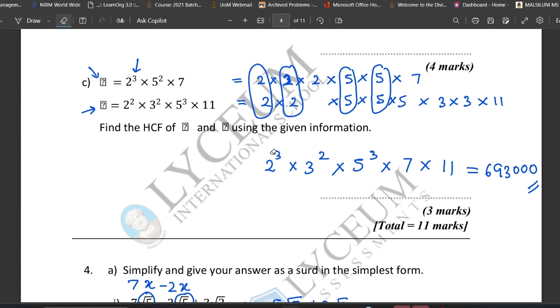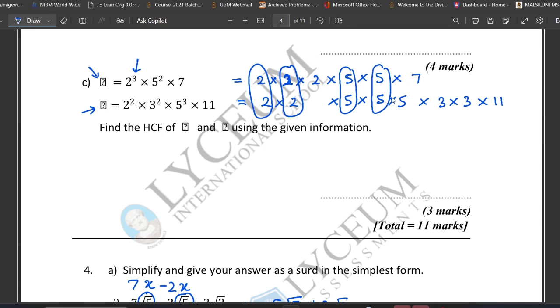Only these. So our answer should be 2 squared times 5 squared. 4 times 25, that's 100.